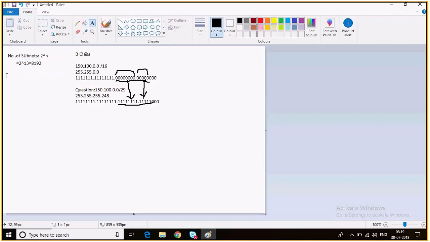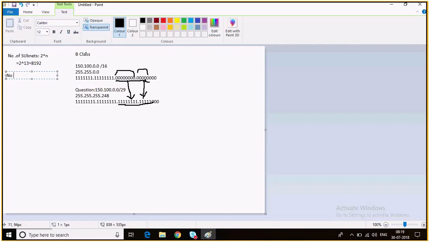I'll get to the next question, which is the number of hosts per subnet. Again, 2 raised to how many zeros are left?